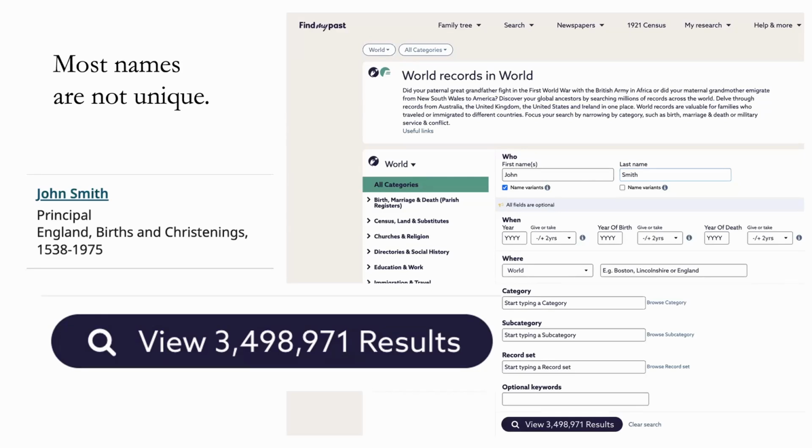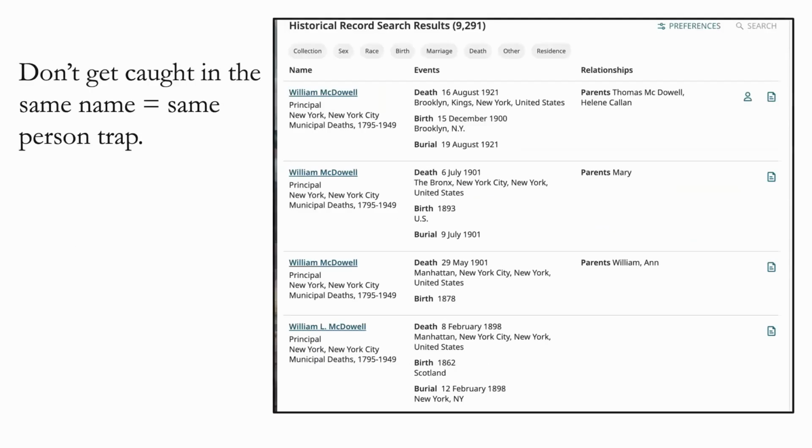What I'm suggesting in this presentation is that we don't look at just John Smith, we look at John Smith and his occupation, or Jane Smith and her occupation, or whatever. So we want to avoid getting caught in the same name, same person trap.